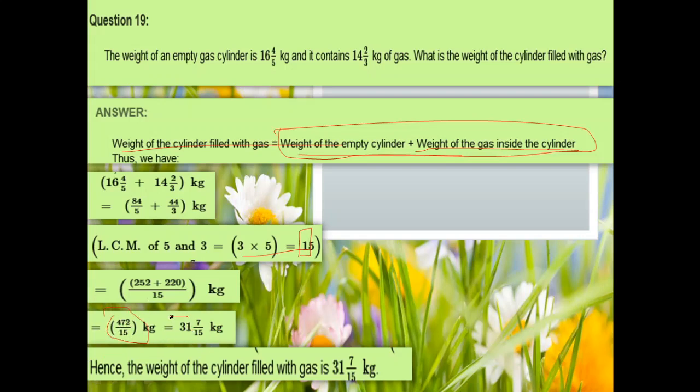That fraction we convert into a mixed fraction and get 31 7 upon 15. You also know how to convert into mixed fractions, I explained it in the previous lecture. And after that we get the final answer. Hence the weight of the cylinder filled with gas is 31 7 upon 15 kg.